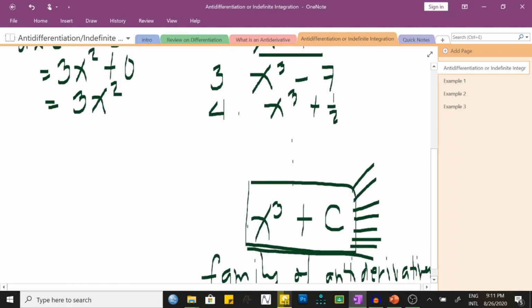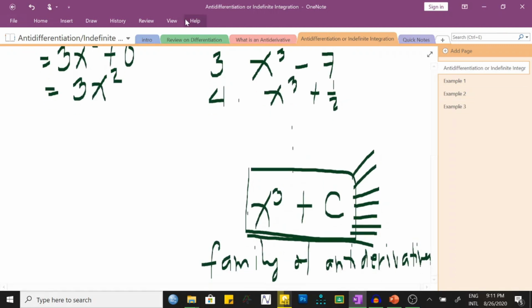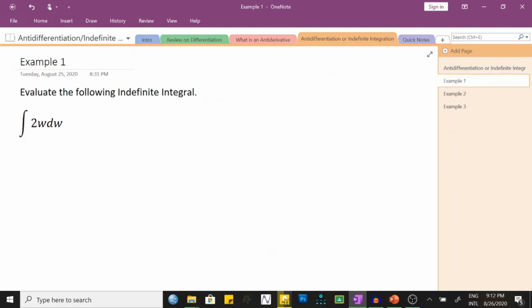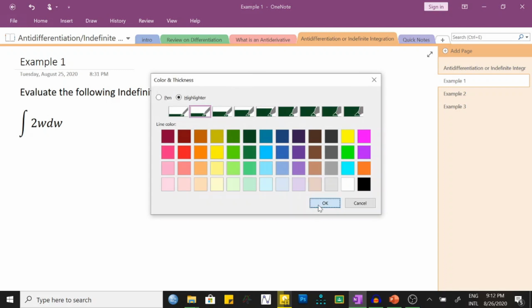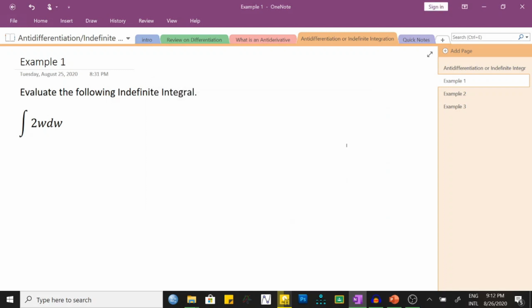What are our notations for anti-differentiation? Let's have this one. This symbol that we see here is our notation for anti-differentiation or indefinite integration.